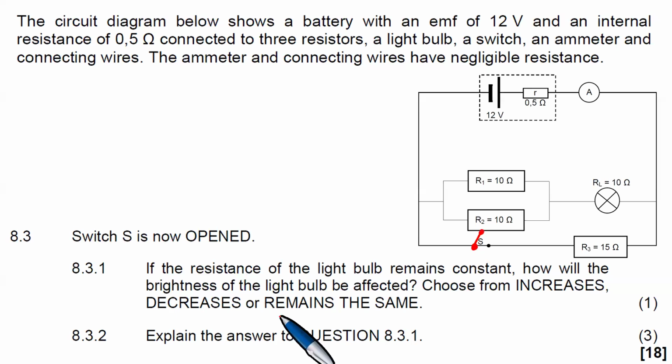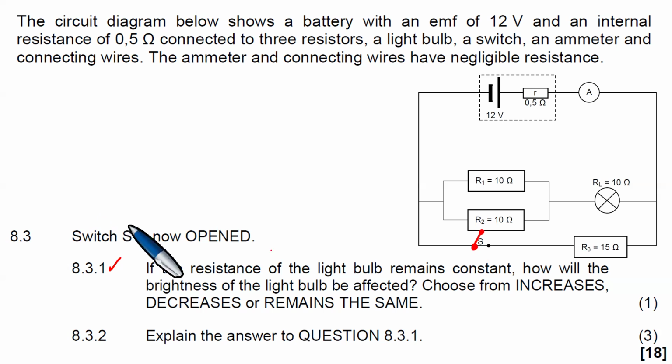If the resistance of the light bulb remains constant, how will the brightness of the light bulb be affected? Choose from increases, decreases, or remains the same. Explain the answer to question 8.3.1. Okay, we shall do that.